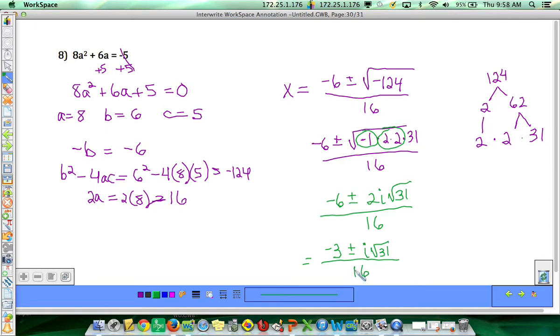Now, if I were to split up this answer and put it into a plus bi form, I would separate out these fractions. This is like saying negative 3 over 16. Oh, I'm sorry, I forgot to reduce 16. Let me go back. I forgot to divide 16 by 2. 16 divided by 2 is 8.